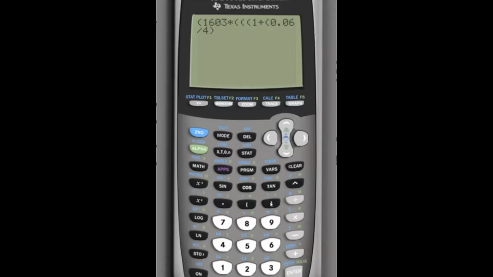Then we have 1 plus r over n has an exponent of n times t, which you said was 4 times 25. Then we finish off our term with our exponent. Then we can subtract 1, and that finishes up our numerator.